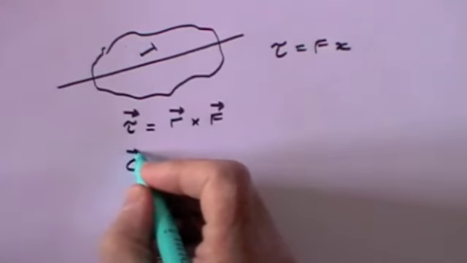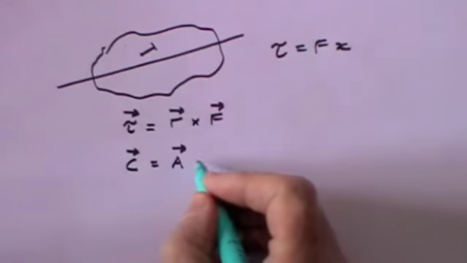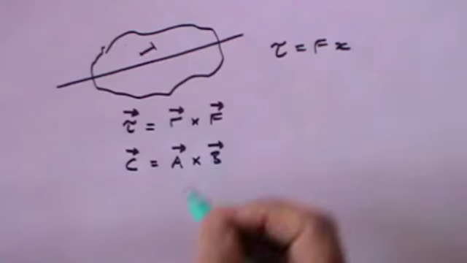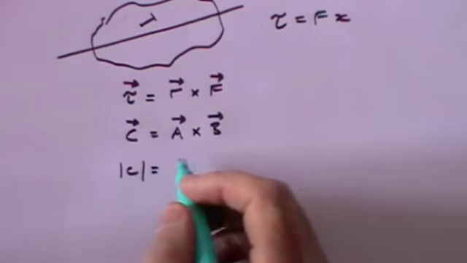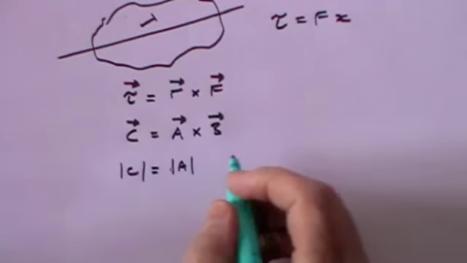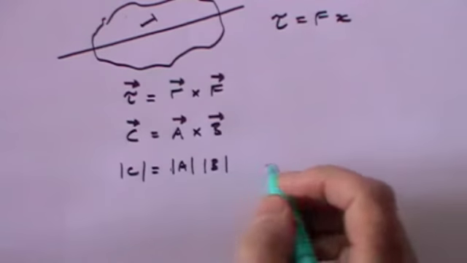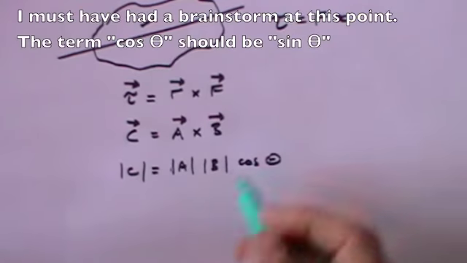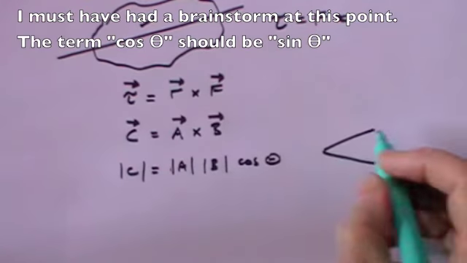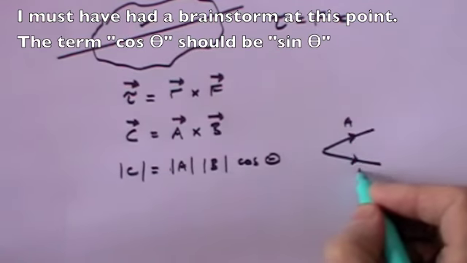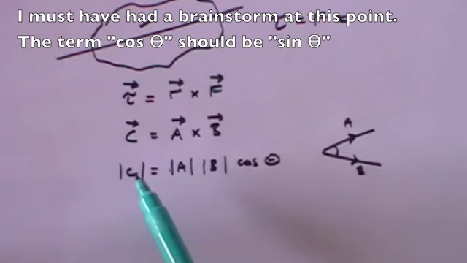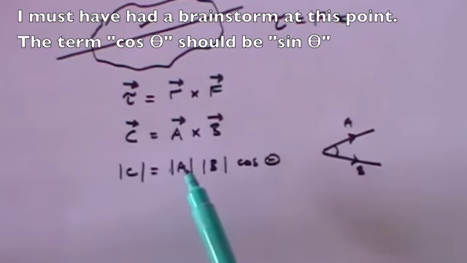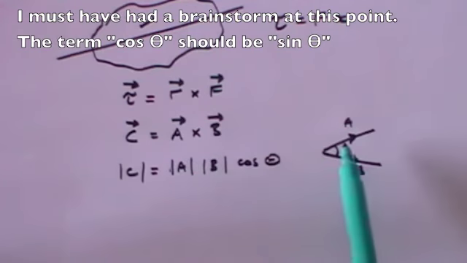If you have a vector C, and you say that vector C is equal to the cross product of A times B, what that means is that the magnitude of the vector C will be the magnitude of the vector A times the magnitude of the vector B times the cosine of the angle between A and B. So if you have A and B with an angle between them, then with a cross product, the magnitude of C will be the magnitude of A times the magnitude of B times the cosine between them.